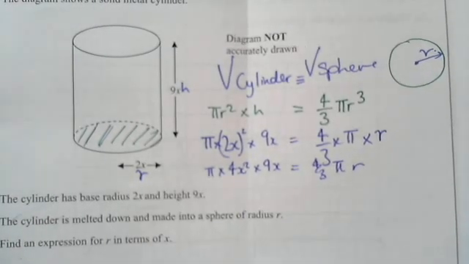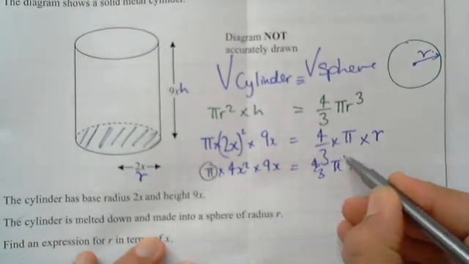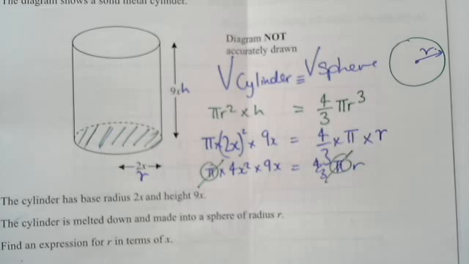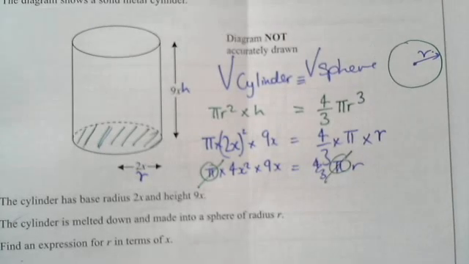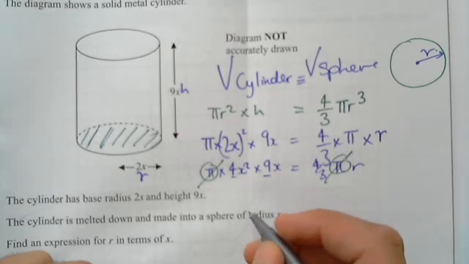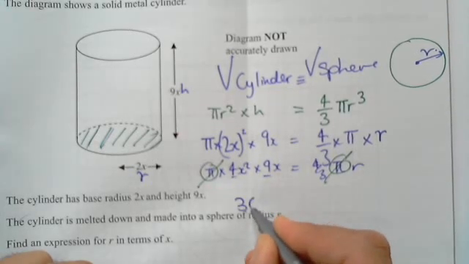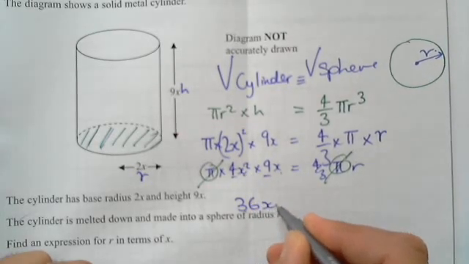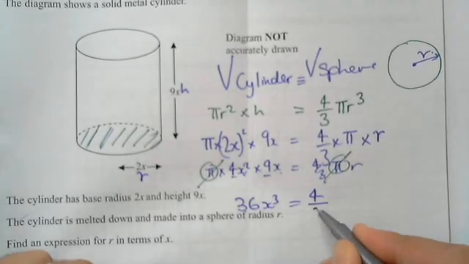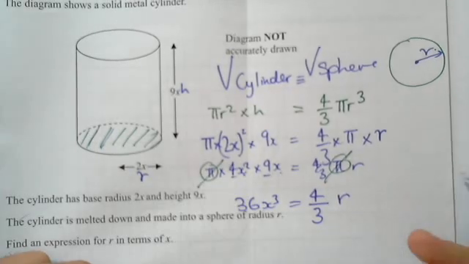Now, since we have pi on both sides, we can divide this side by pi and that side by pi, so the pi disappears. Now we've got 4 times 9, which gives us an answer of 36. x squared times x will give you x cubed. And on this side we have 4/3 r cubed.